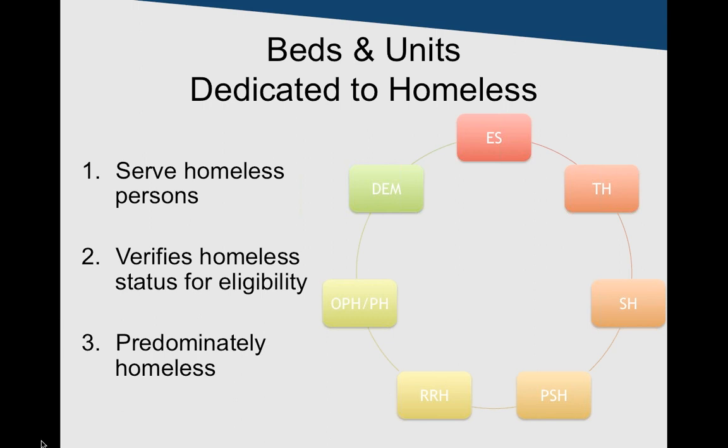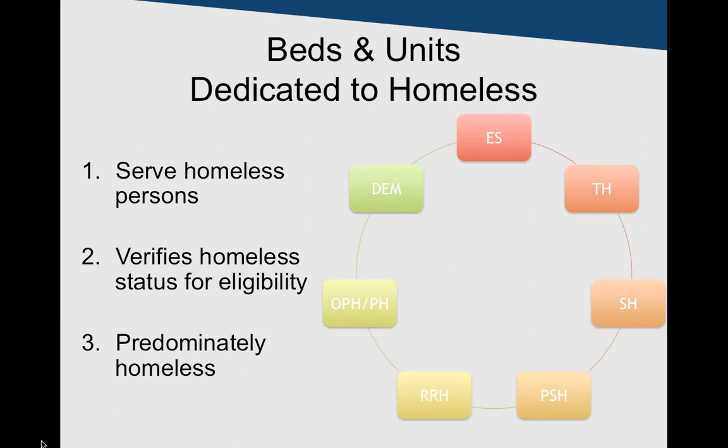So beds and units in the HIC must be dedicated to serving homeless persons, or as I just mentioned, those in permanent housing that were serving people that were homeless at entry. And for the purpose of the HIC, a project with dedicated beds and units is one where the primary intent of the project is to serve homeless persons or families experiencing homelessness.